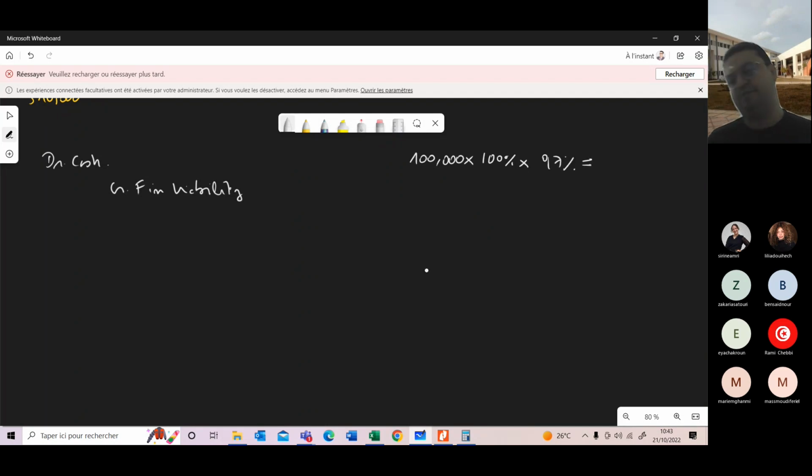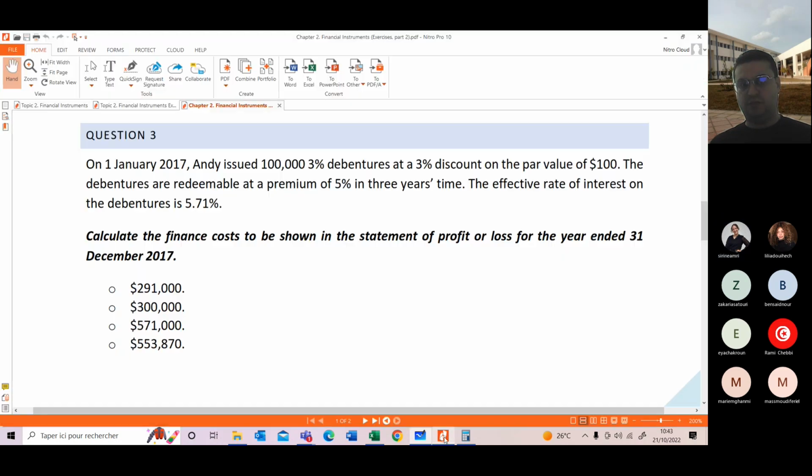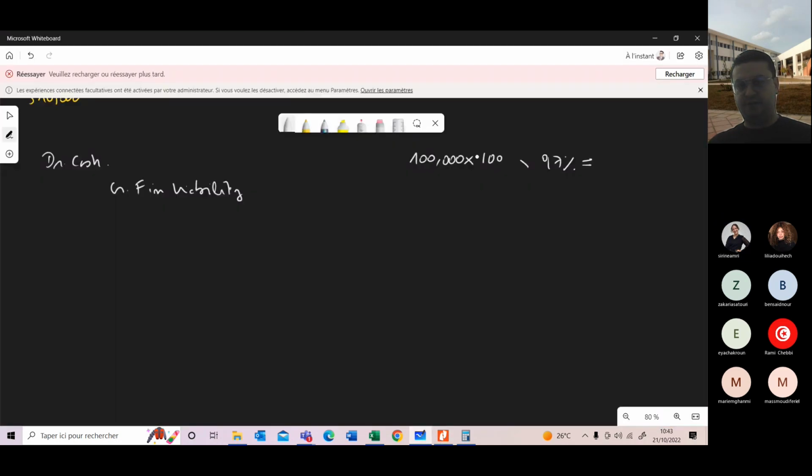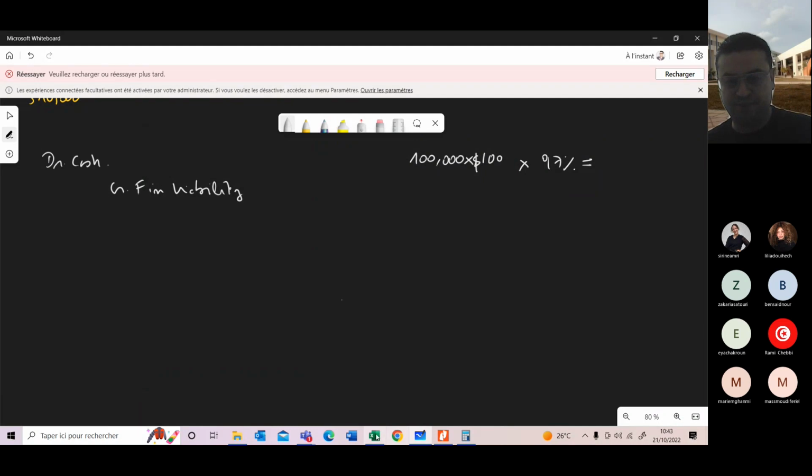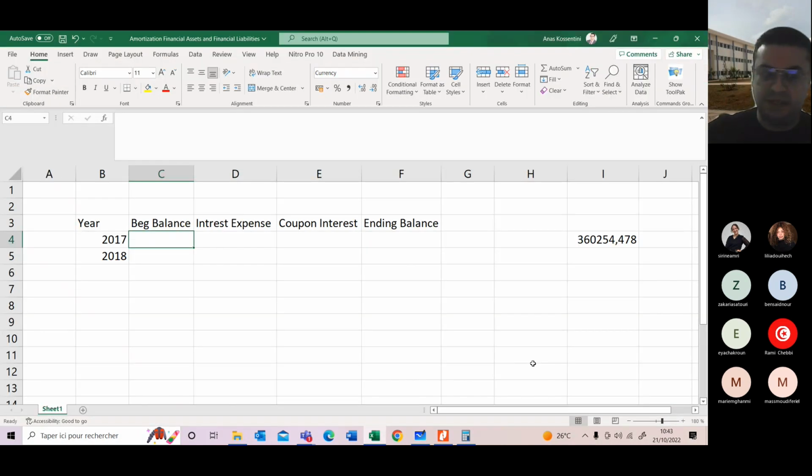Am I correct in this? $100. Yes. Times 97%. So it's going to be 97,000, right? I can see the 97,000 is the beginning balance.